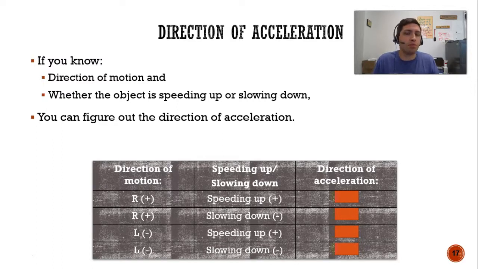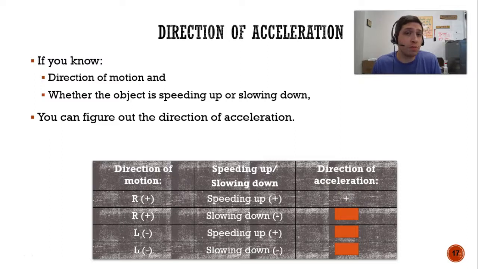But for this example, we can consider speeding up to be positive, quote unquote, and slowing down to be negative, quote unquote. So in the first example, if the object is moving to the right, the direction of motion is positive. If the object is speeding up, that's considered a positive. And what we will do is now just say, what is a positive times a positive? A positive times a positive is positive. That would be positive acceleration.